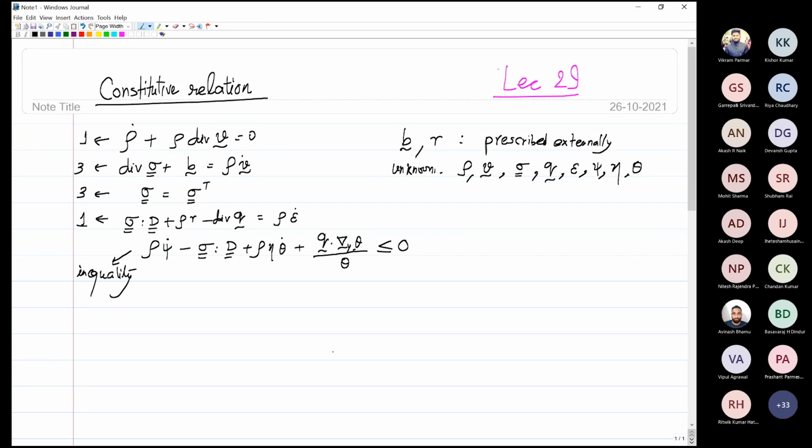So we have a total of 8 equations. And look at the unknowns: 1, 3, 9, 3, 1, 1, 1, 1, 1, 20. That's a lot of unknowns, right?